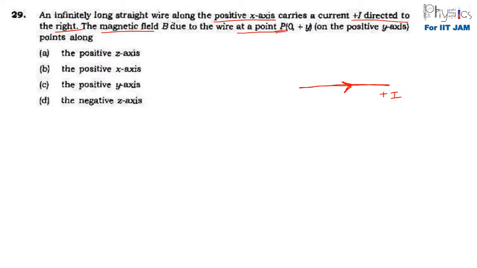Okay, now where is P? This P is located at 0, plus y. So if it is the x-axis and it is the y-axis, of course positive y-axis, positive x-axis, then this is our 0, 0 point and this is any point P and its coordinates are 0, any y.